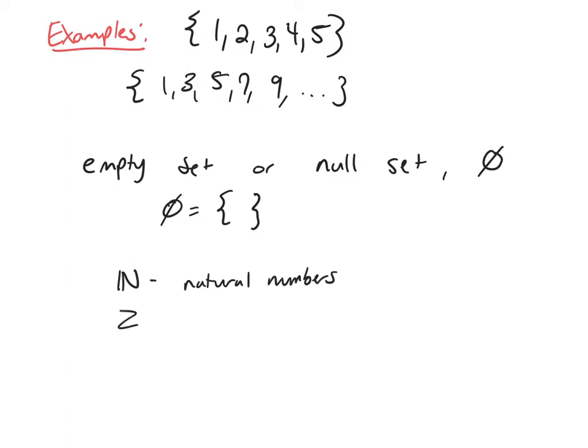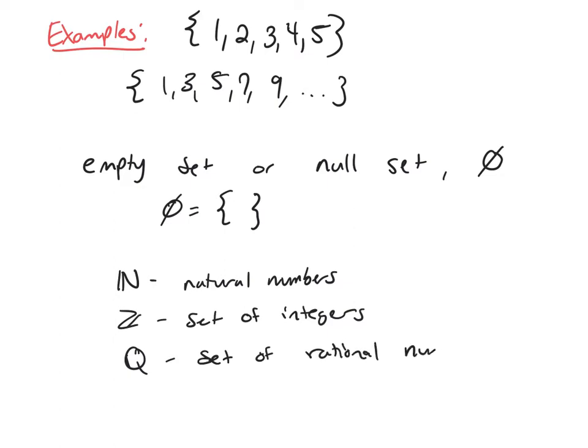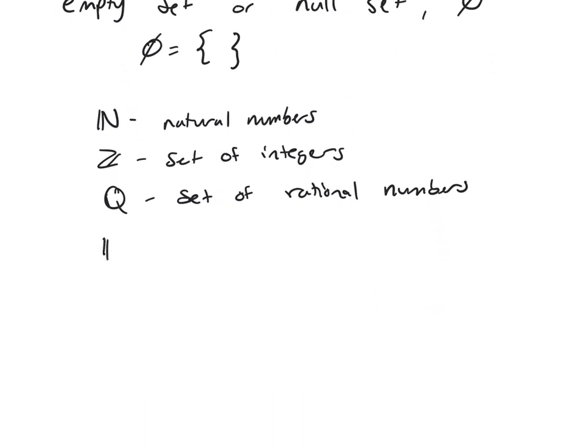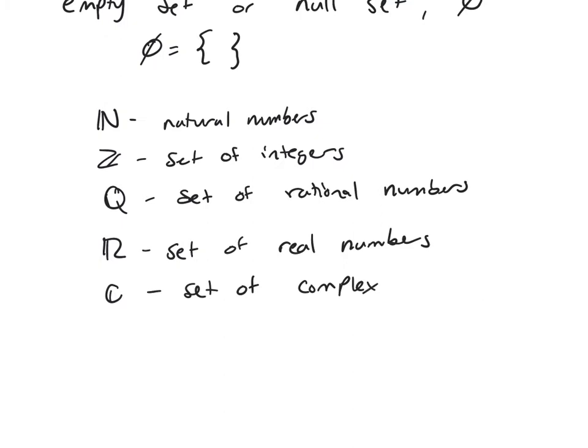We had Z, which was the set of integers. Q is the set of rational numbers. R is the set of real numbers. And C is the set of complex numbers.